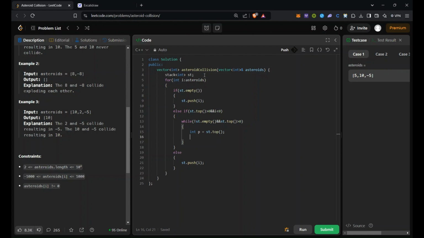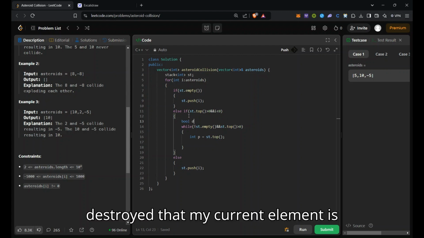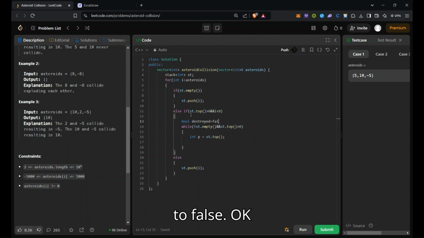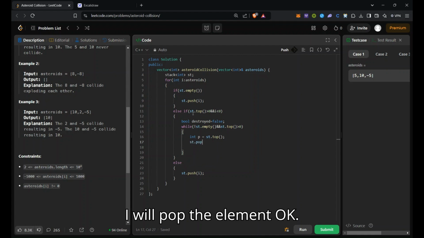We will make a boolean variable destroyed, to track whether my current element is destroyed or not. Destroyed equals false. I will pop the element.